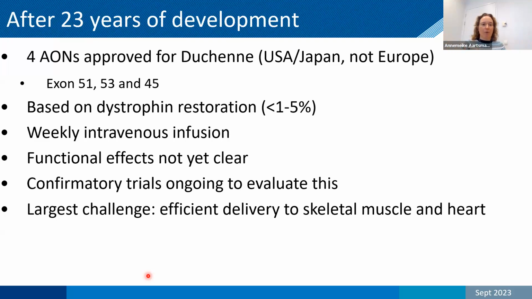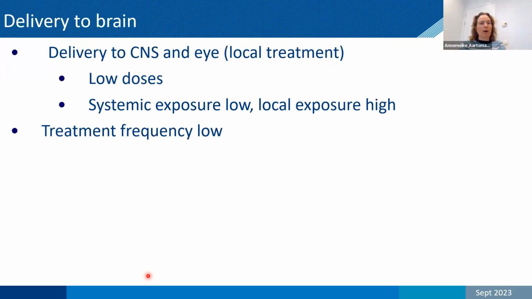Because it's really difficult to deliver these AONs to skeletal muscle and heart. And so if we would solve this problem, things would work better, but we've been working on this problem for a long time, and so far, this is as good as it gets, very minimal amount of dystrophin.